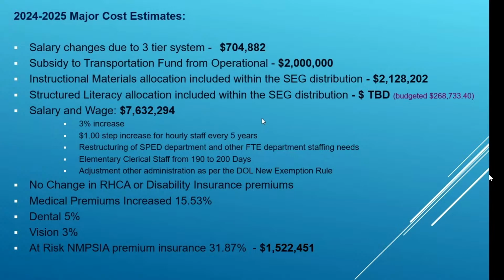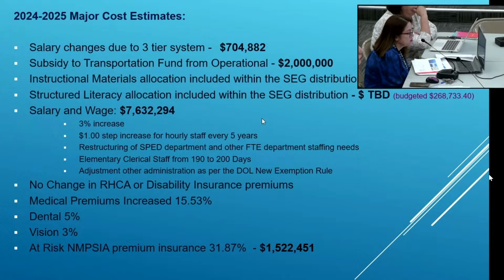Elementary clerical staff was budgeted from 190 days to 200 days. And then there was an adjustment to other administration per the Department of Labor new exception rule. So it was a combination of all these items that was at $7.6 million.